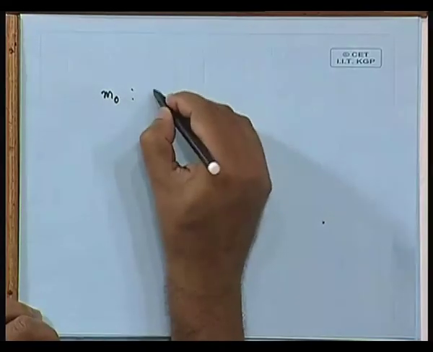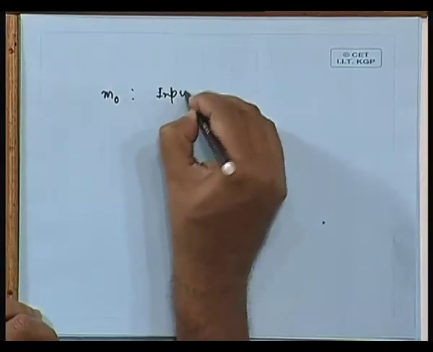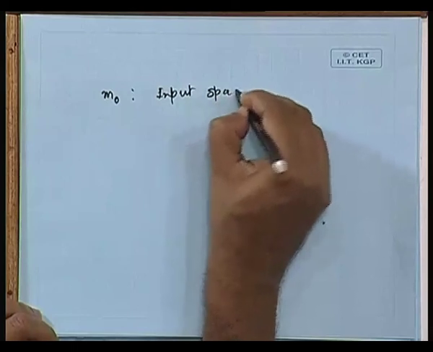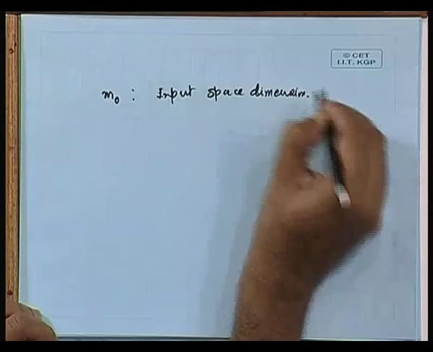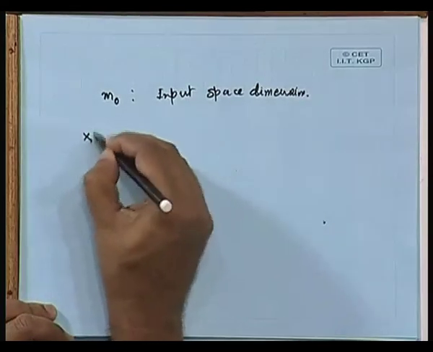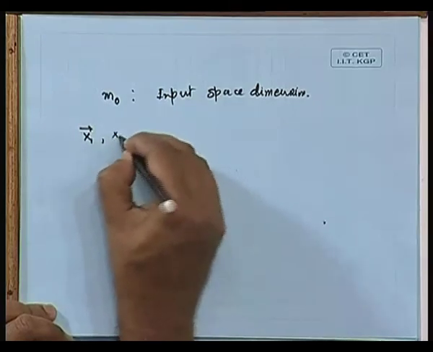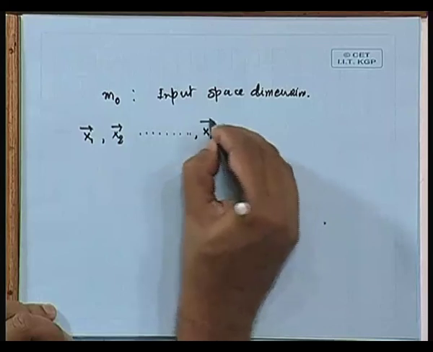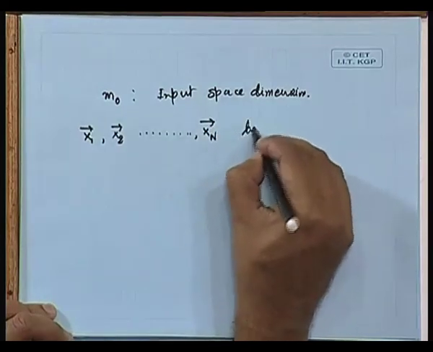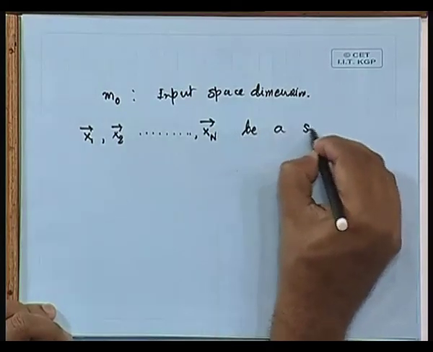This is the input space dimension, and we take a sequence of random patterns, x1, x2, etc., up to xn. So, this is a sequence of random patterns.